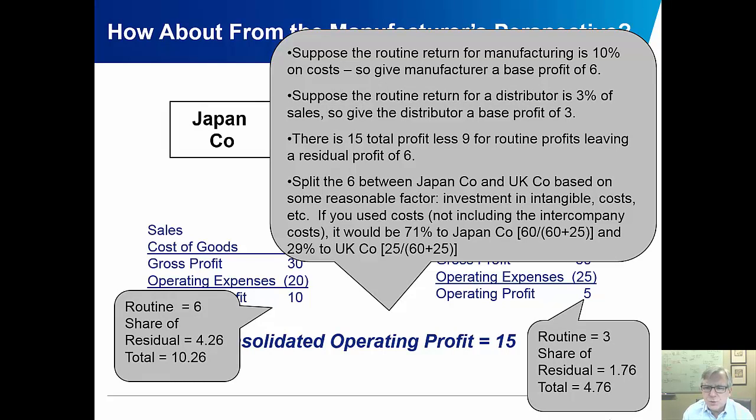The residual share is 1.76, and that's equal to 29% times the 6 of residual profit, for a total of 4.76. So you can see the numbers are fairly close to where they were before, and this is just one example of a residual profit split. And note, if you add the two together, except for some rounding problems, that adds up to the 15 in total profit that we had to begin with.